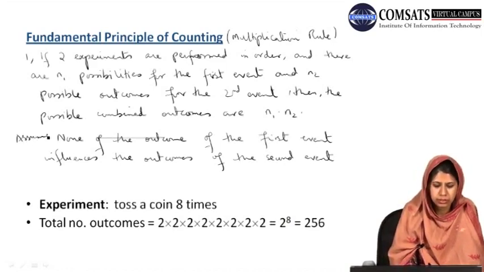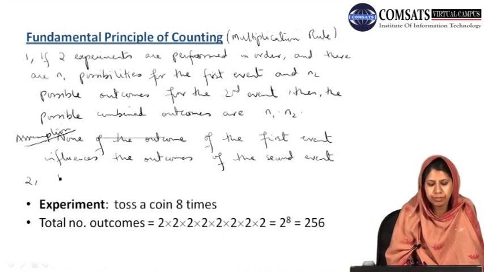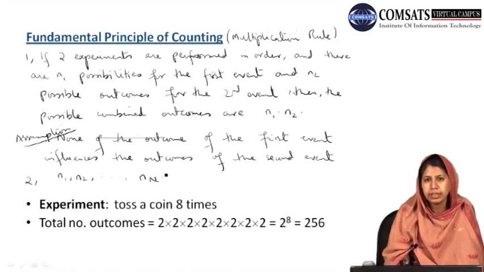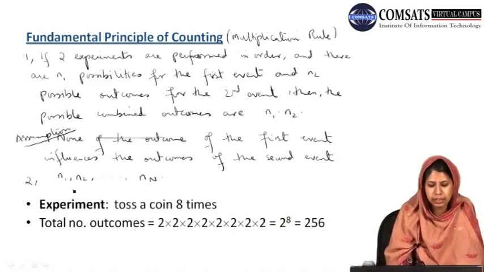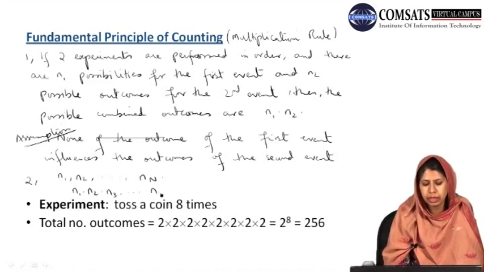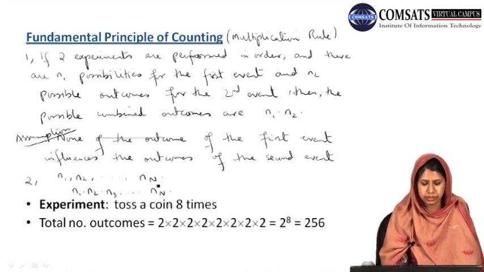Okay, this is our assumption. Similarly, if we have N events, let's say n1, n2 and so on up to capital N, then the number of combined possible outcomes of these N events is nothing but the product of all the possible outcomes of these N events.